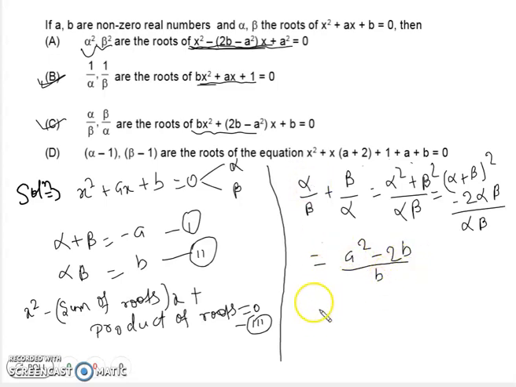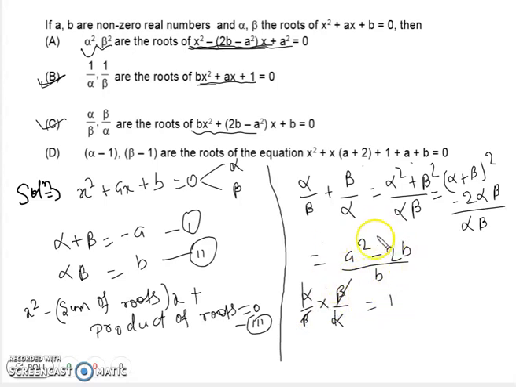The product of the roots: because both roots are reciprocal to each other, the product of roots is equal to 1. Alpha by beta into beta by alpha, after multiplying you get 1, because alpha and alpha cancel out, and beta and beta cancel out.